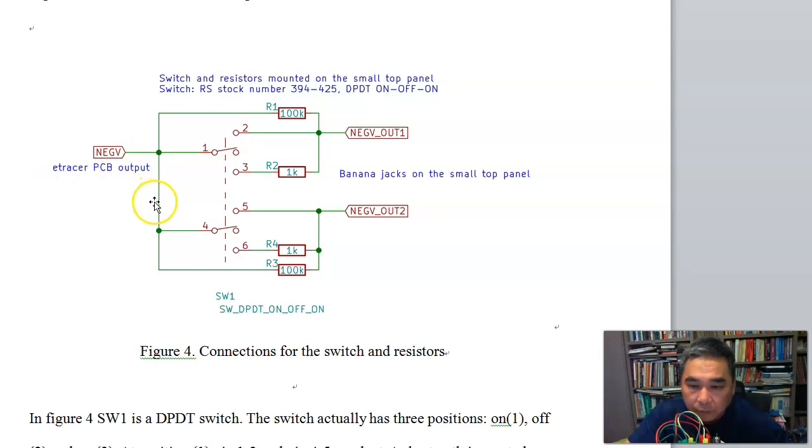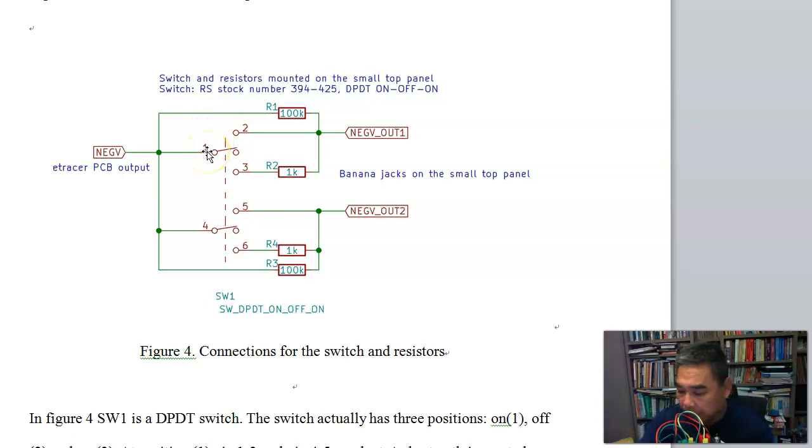And for this path, the negative voltage will be shorted from pin 4 to pin 5 and all the way to banana jack number 2. So in other words, this is the default position before the modification. The negative V directly appears on the banana jack.